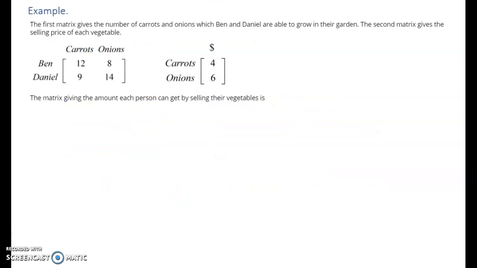Okay, we've got Ben and Daniel. They're selling carrots and onions. Carrots sell for $4, onions sell for $6. Let's see who will make the most money. So the product matrix is going to have Ben and Daniel, which are the rows, as the headers, and it's going to have dollars as the column header. Now to work out Ben, he's got 12 carrots. That's 12 times 4 plus 8 times 6 onions.